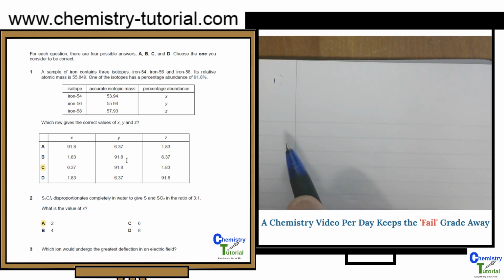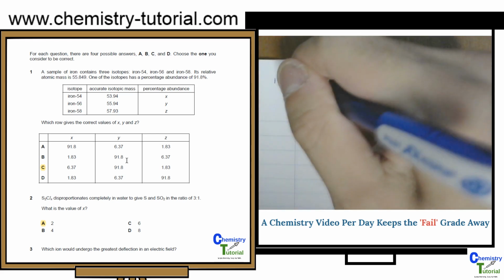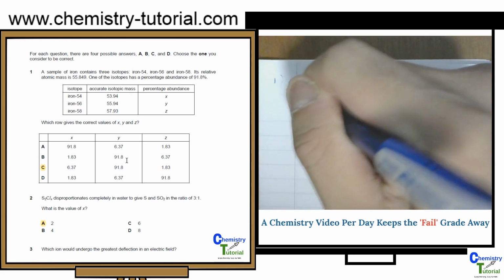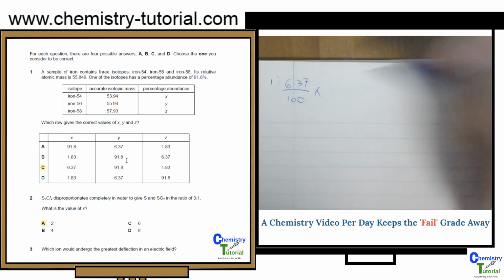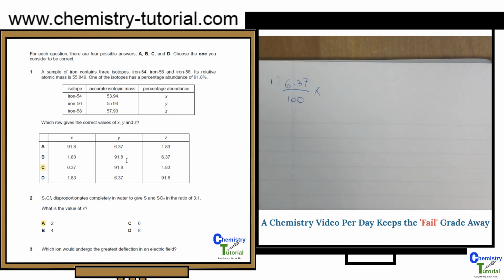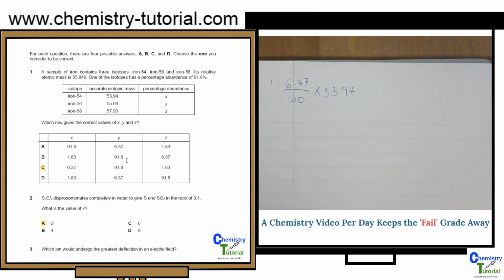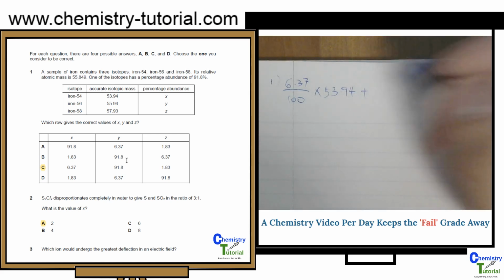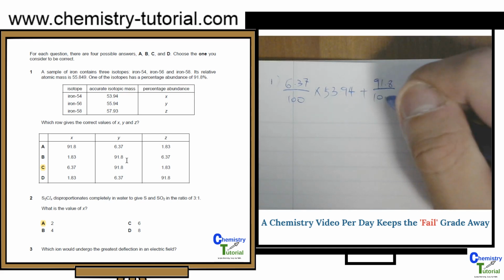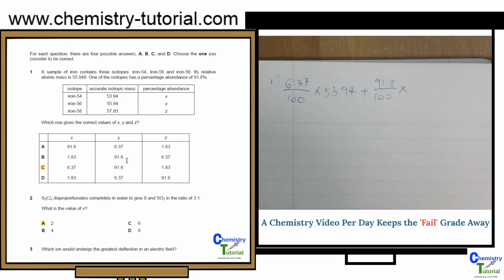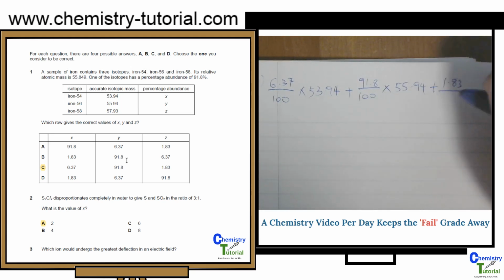So I just work on the correct answer in this case, which is 6.37 over 100 multiplied by X is our 53.94, plus 91.8 over 100 times 55.94, plus 1.83 over 100 multiplied by 57.93.